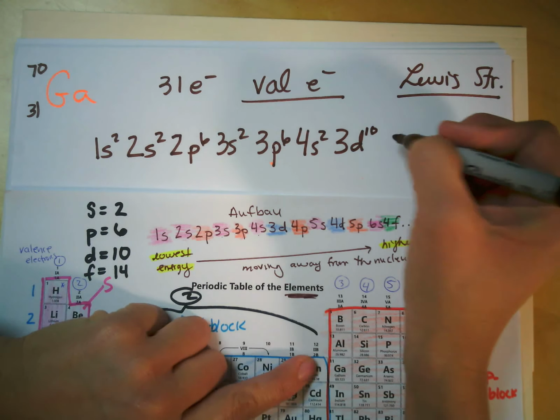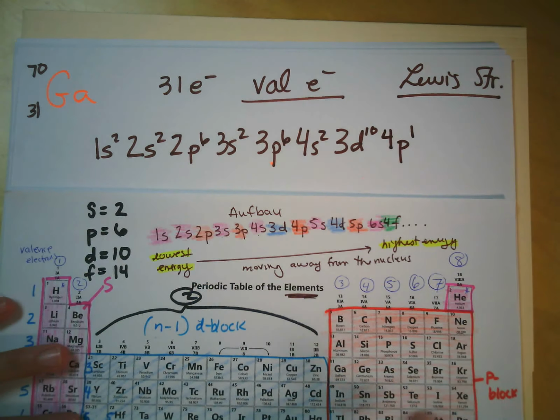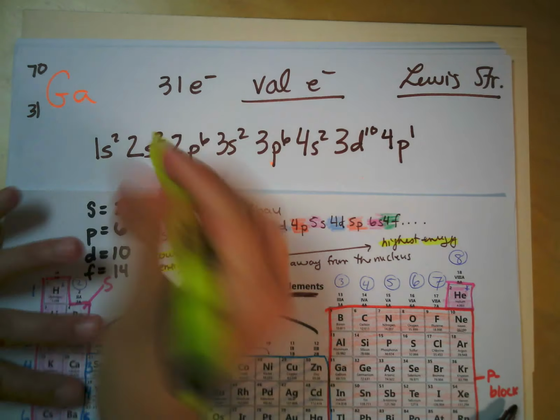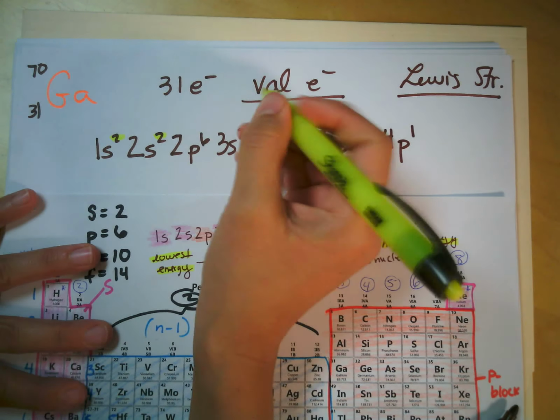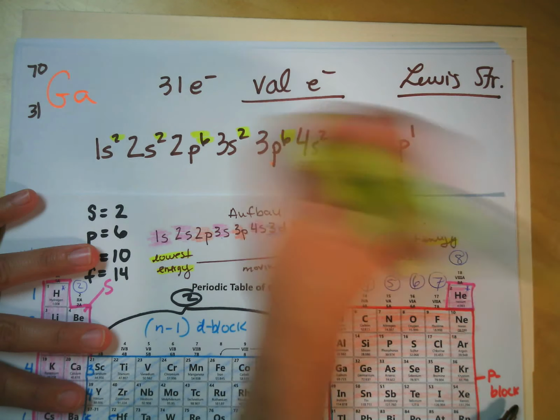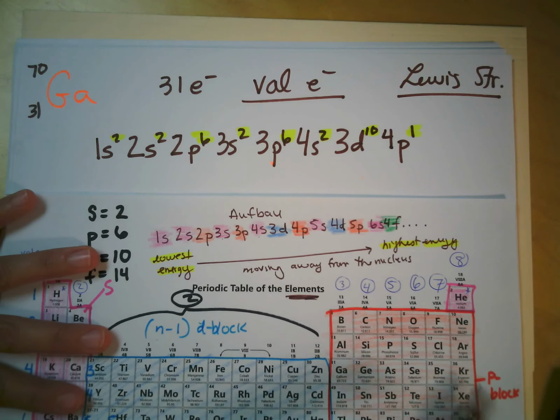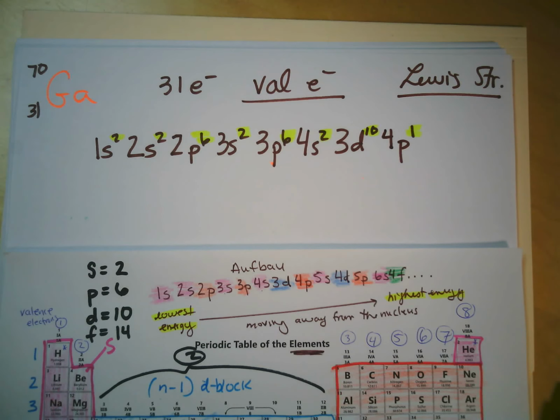We need 31. So what comes next after 3d? 4p1. Double check. 2, 4, 10, 12, 18, 20, 31.